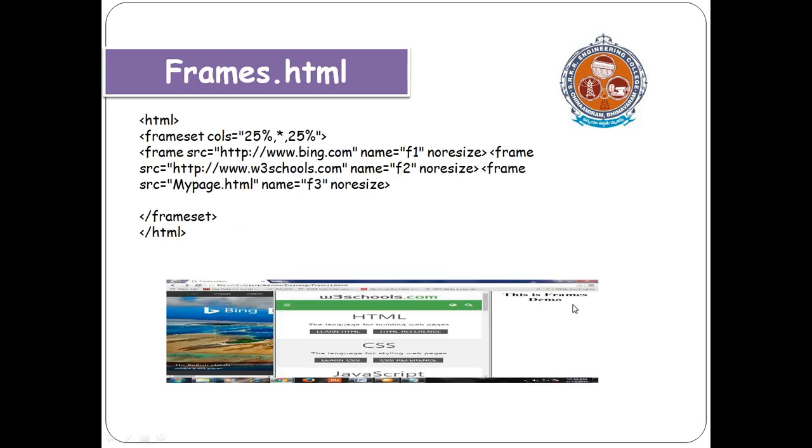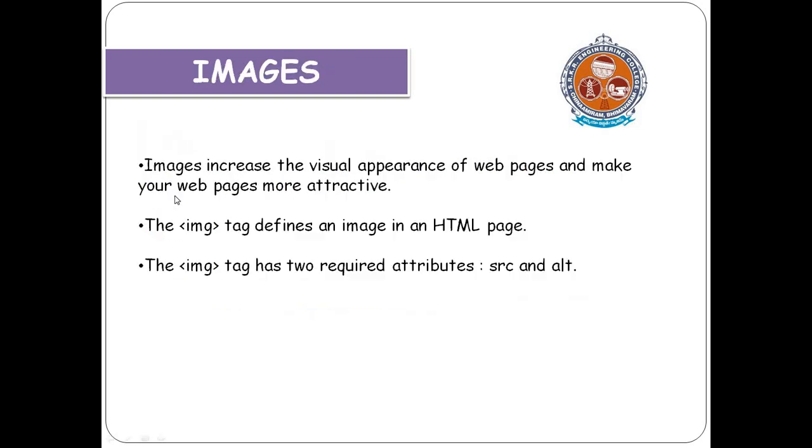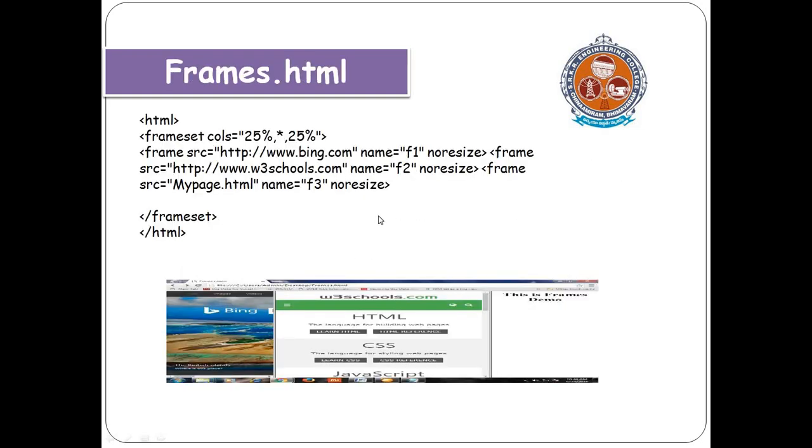I didn't mention the mypage HTML code, so you can write it on another page and save it. The src is nothing but the source page, and that link you have to define here. Once you have executed frames.html, mypage.html will automatically be displayed from frames.html.